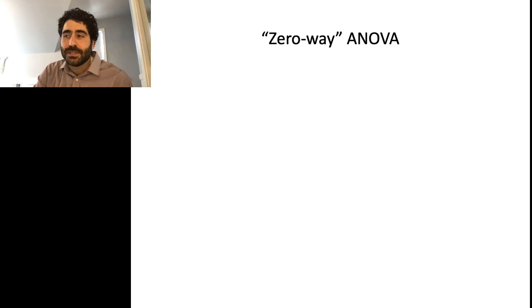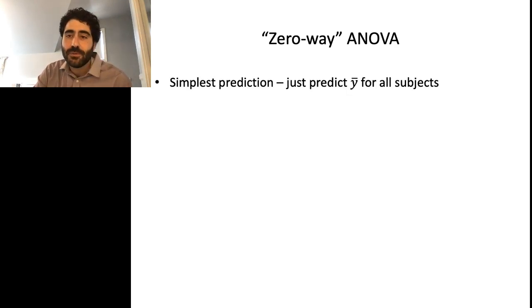So we could start with the very simplest model, which is like a zero-way ANOVA, where we don't use any information about each individual person. Any person that comes into our clinic, we just predict the average outcome for them, right? This is the easiest kind of prediction to make. We don't use any information about the person. We just predict that they're going to have an average outcome.